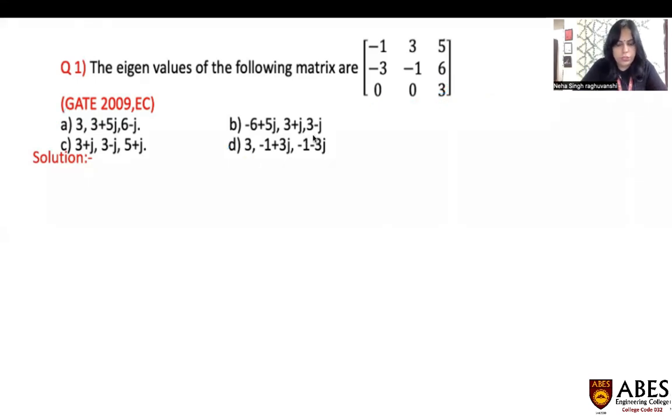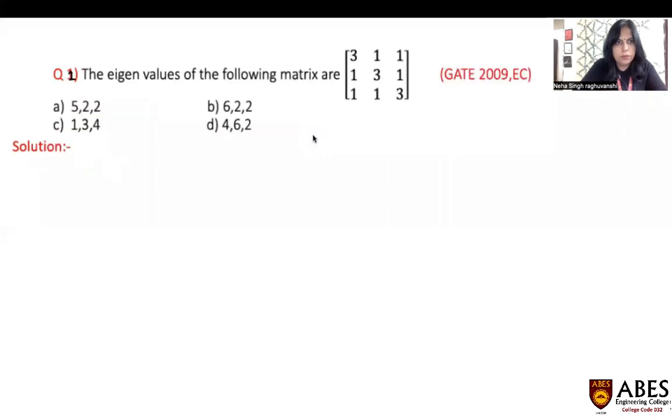Come to the second question. In the second question, the eigenvalues of the following matrix are, see, this is the matrix. This is a 3 by 3 matrix and this is a special kind of matrix. In this matrix, you can see all diagonal elements are the same, that is 3, 3, 3, and all the non-diagonal elements are the same, that is 1, 1, 1.